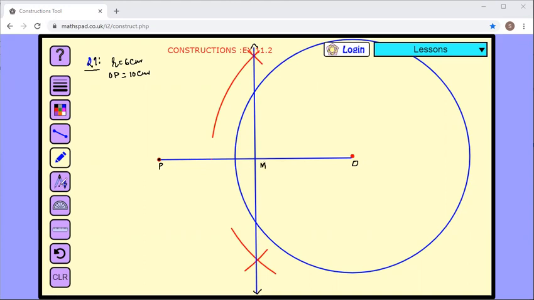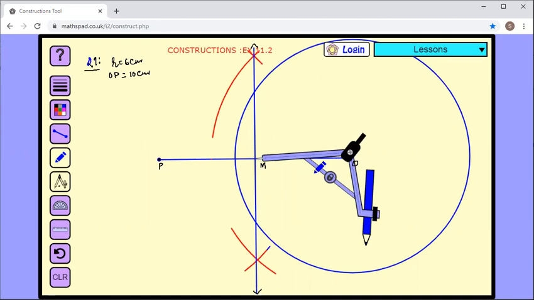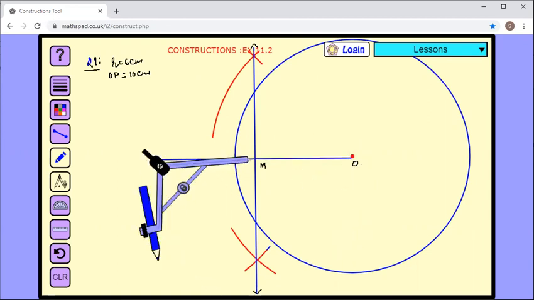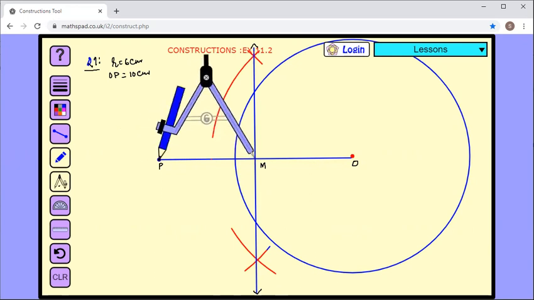Now you will again take your compass, put it on M, take the radius equal to MP, and draw another circle.